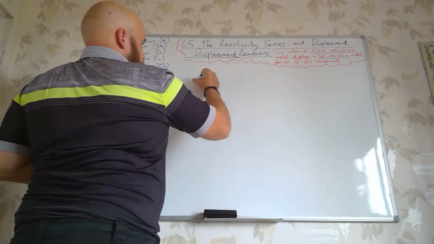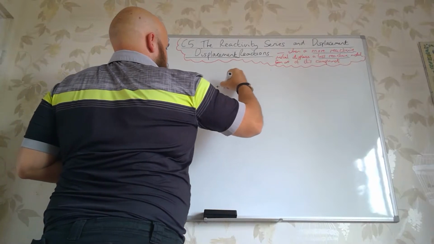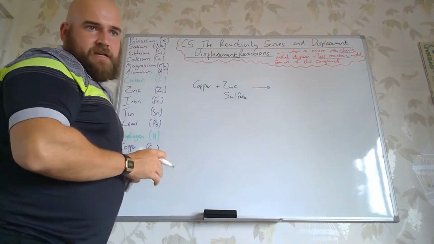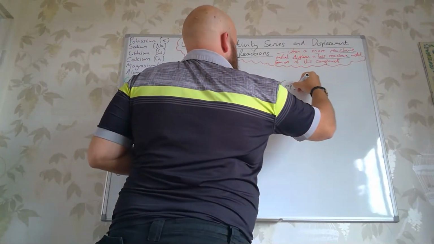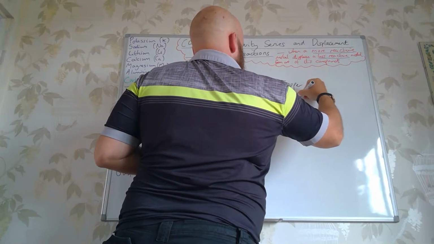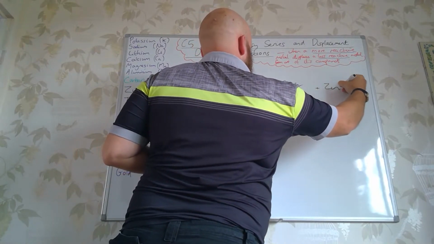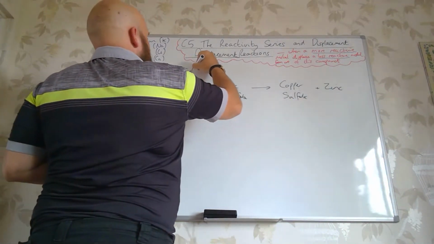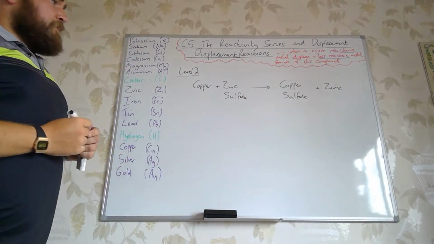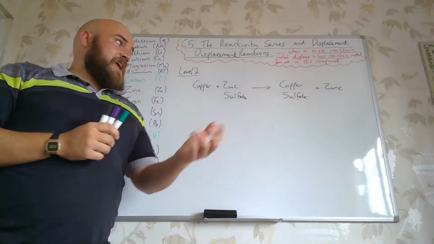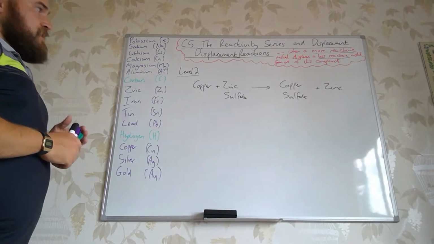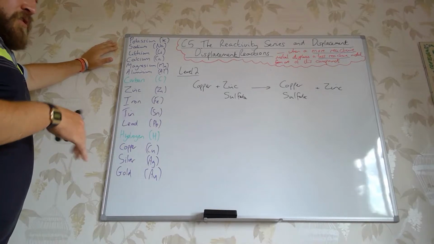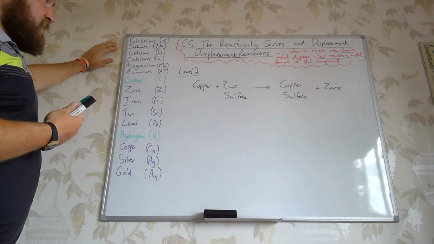So we've got copper plus zinc sulfate will make copper sulfate plus zinc. And these are sort of the level 2 questions. So I'm basically asking you to predict whether you think that reaction would take place, all right? So just by saying whether or not you think it'll happen, it's probably level 2. To extend it further, try to explain why.